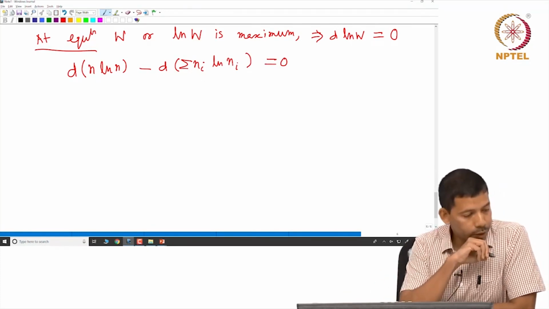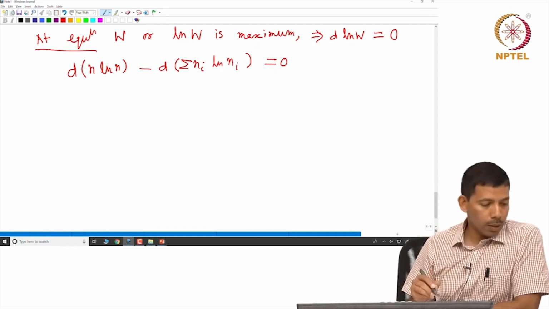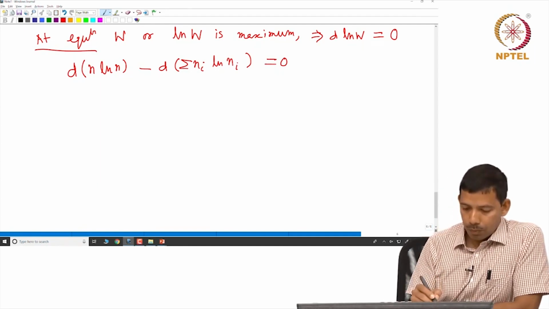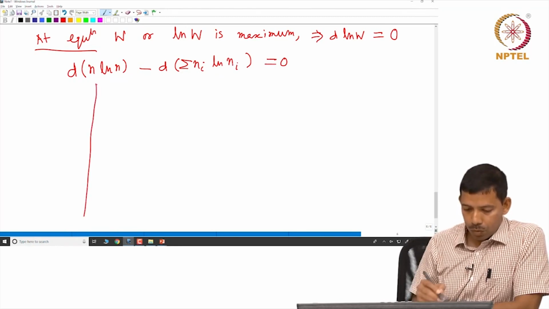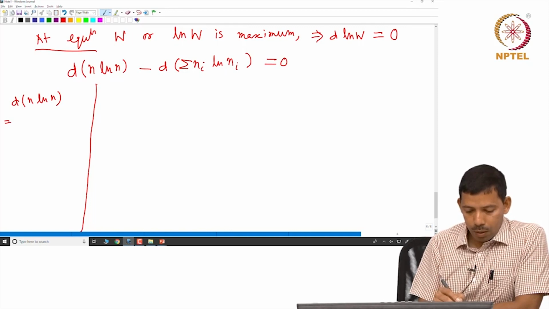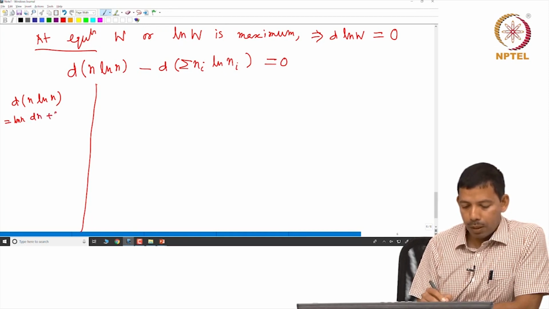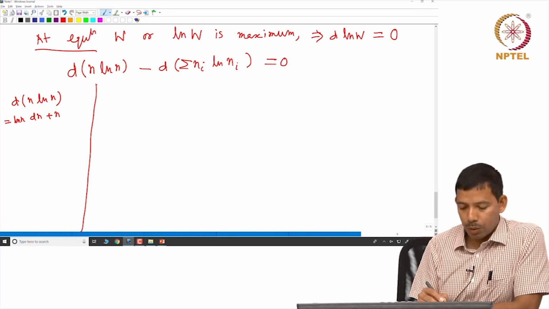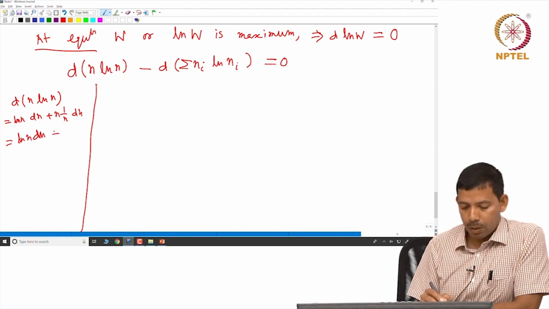Now let's simplify. If you take d of n ln n, you get ln n dn plus n times d of ln n, which is 1 by n dn, so you get ln n dn plus dn.